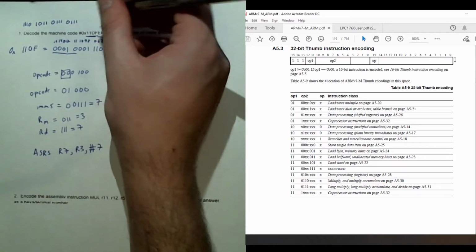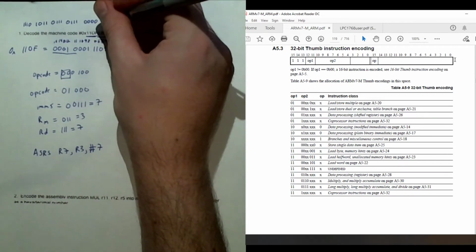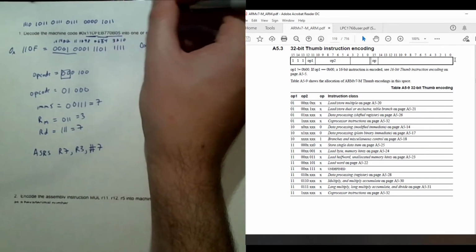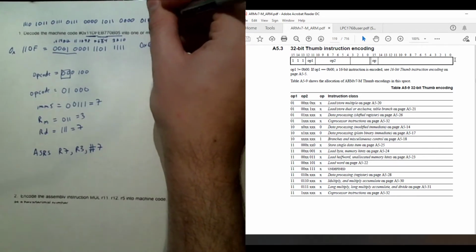And then we have 0, which is just 4 zeros. We have a B again, 1011. We have a 0, 0000, and 5, 0101.